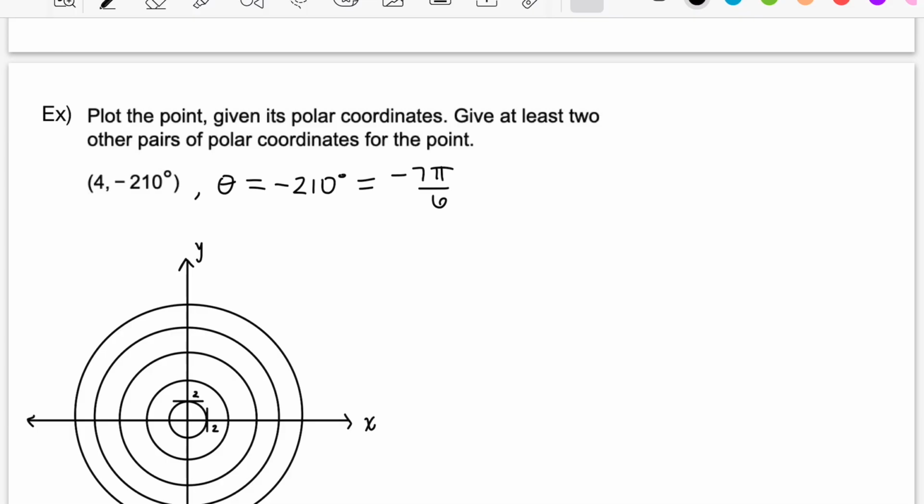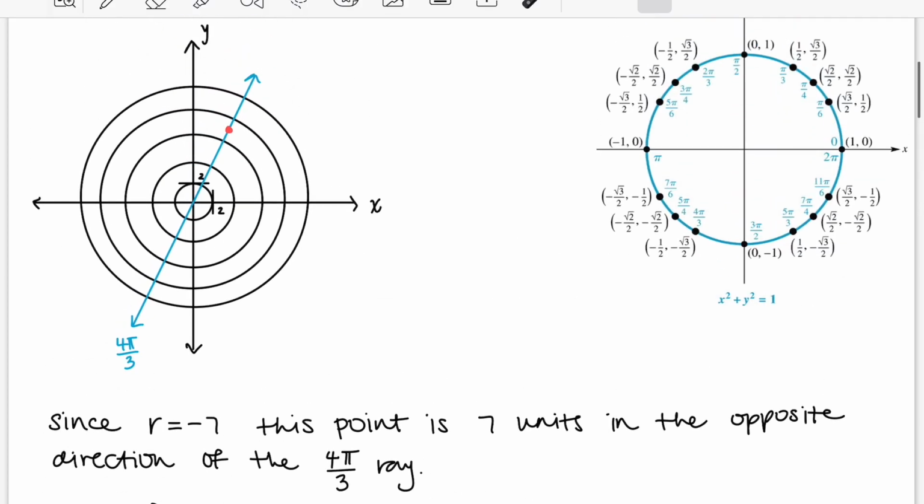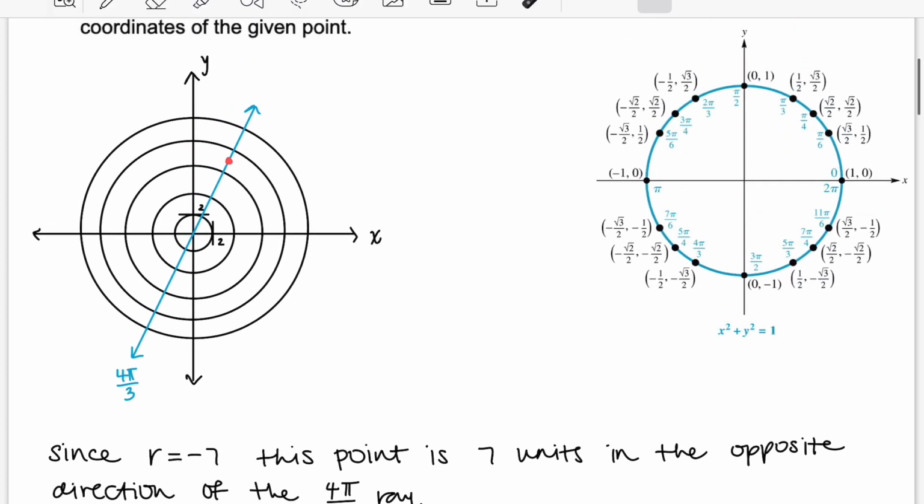Now notice minus 7 pi over 6, let's go back to our unit circle here. Since we have a negative angle, we're going to start here and move in our clockwise direction. So starting here, going to minus 7 pi over 6, we end up right around here. Now notice we could also rewrite this with a positive angle.